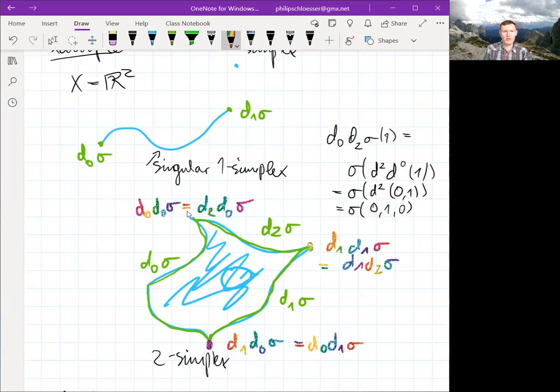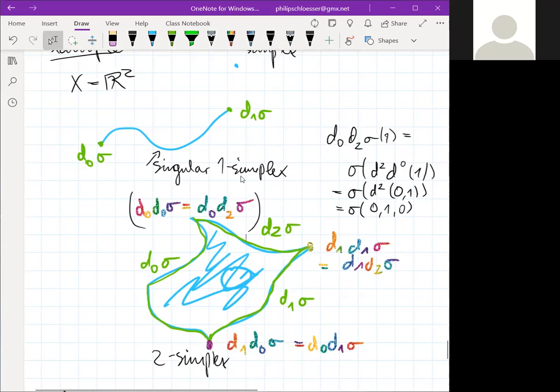Maybe. Actually, I might have been. Could also be completely wrong about these things. Sorry. No, I feel like you're almost correct. It's just interchanging the d0, d2 and the d1, d2.